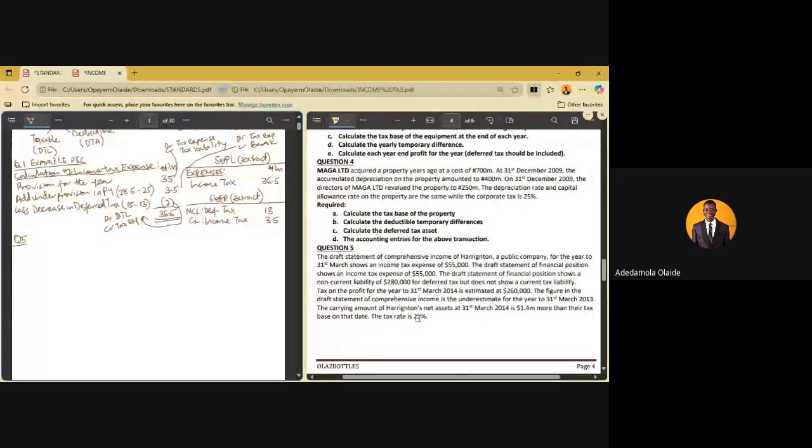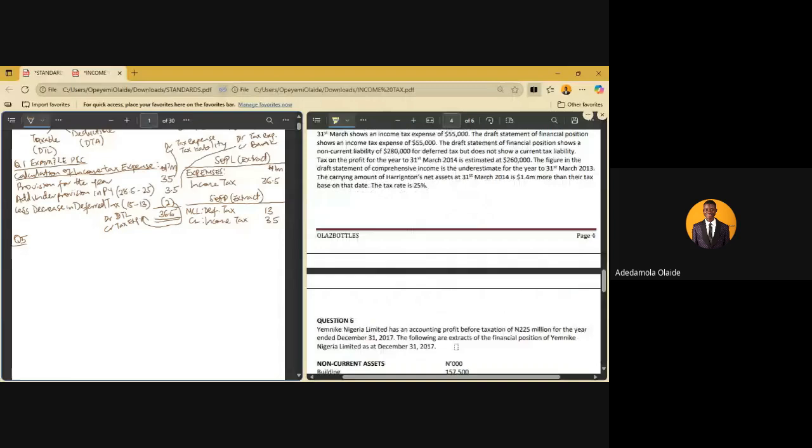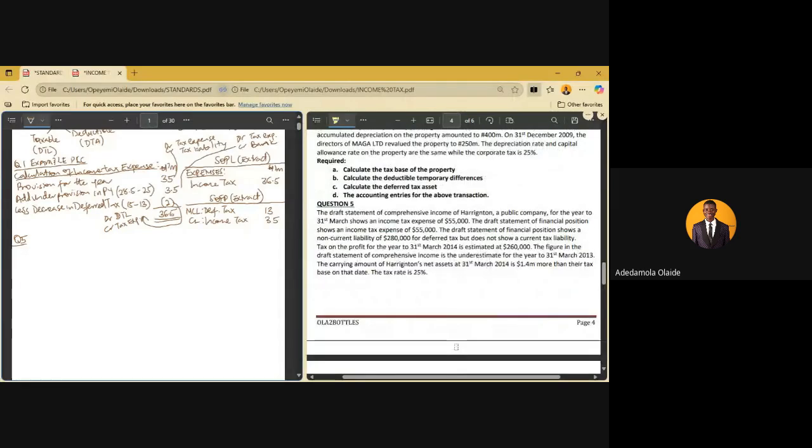Tax on the profits for the year to 31 March 2014 is estimated as 260,000. The figure in the draft statement of comprehensive income is the underestimate for the year to 31 March 2013. The carrying amount of Arlington's net assets as at 31 March 2014 is 1.4 million more than their tax base on that date. The tax rate is 25%. So what do they want us to do here? Compute the income tax expense.